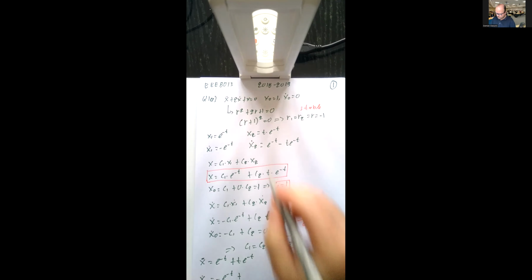And because later I'm going to need to jump to the state space model, let me also calculate the first time derivative, which is going to be minus e to the minus t plus e to the minus t minus t e to the minus t. And of course, these two will be cancelled. Let me just put this square so that I will be able to identify it easily. And hence, x dot will be minus t e to the minus t.